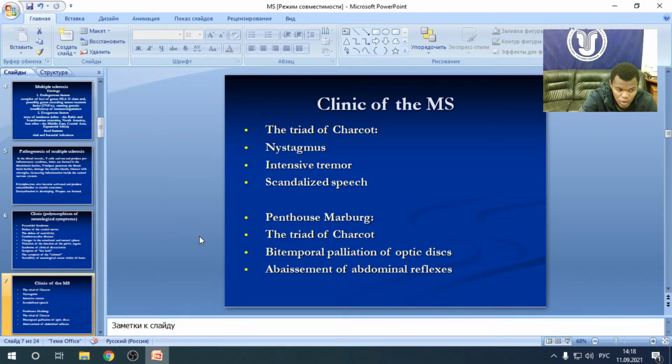So you need to remember the Charcot triad, and also the Marburg form, which has the triad of Charcot, optic nerve problems, plus decreased abdominal reflexes. Please remember those clinical signs.